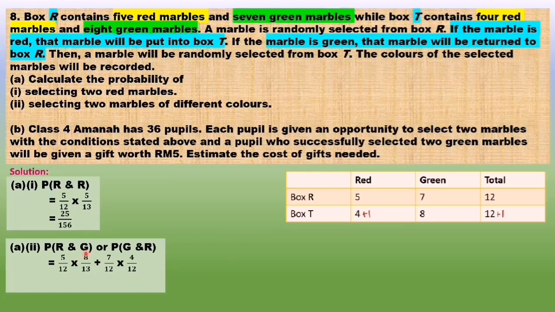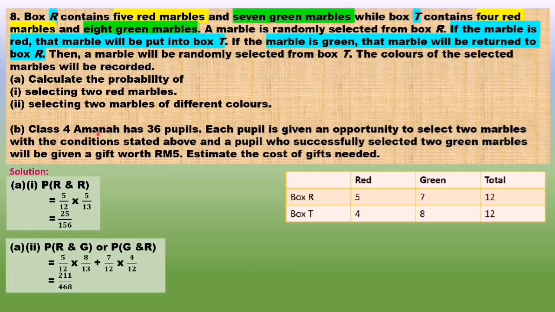So the probability of obtaining a green marble from box T is 8 over 13. Okay, getting a green marble from box R is 7 over 12 times the probability of getting a red marble from box T. So now red marbles in box T is 4 and the total is 12, so 4 over 12. This equals 211 over 468.